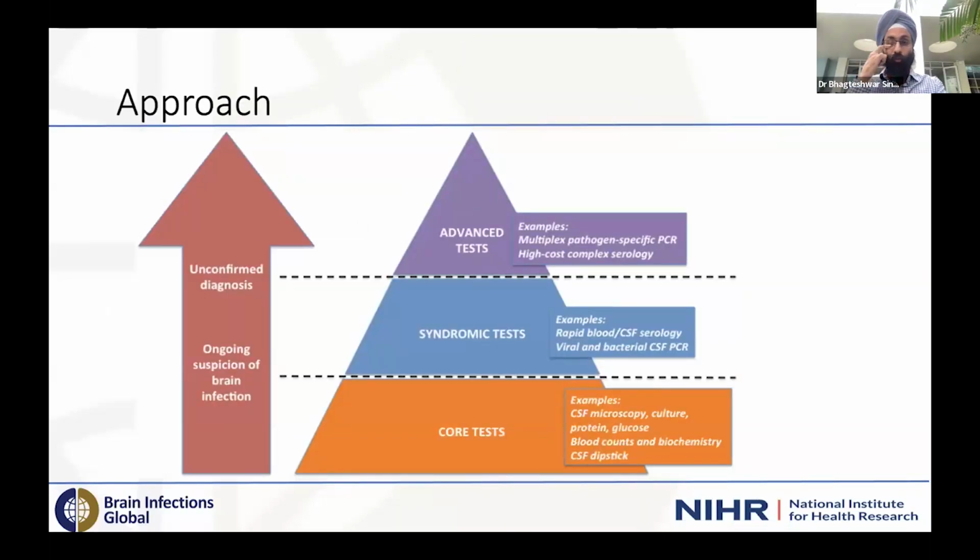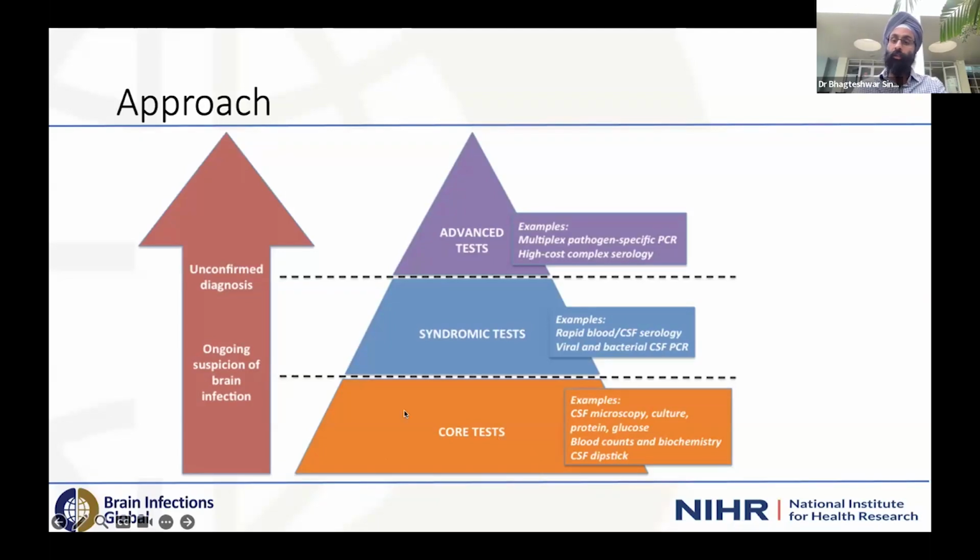But as an overall approach, I think it's understood in places with lower levels of resources. But I mean, this could apply to different parts of a health system that is even better resourced, that there are some core tests that probably should be done in everyone.